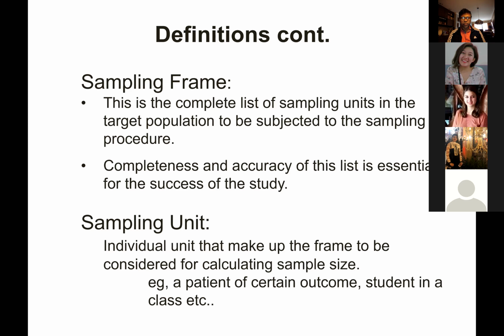You can do it in a public area, but you have to have a list of the people that belong to this area. Oh, that means we cannot really say that these people belong to this area, right? Then this is not random. This is like convenience sampling or purposive sampling. Convenience may be the right word.